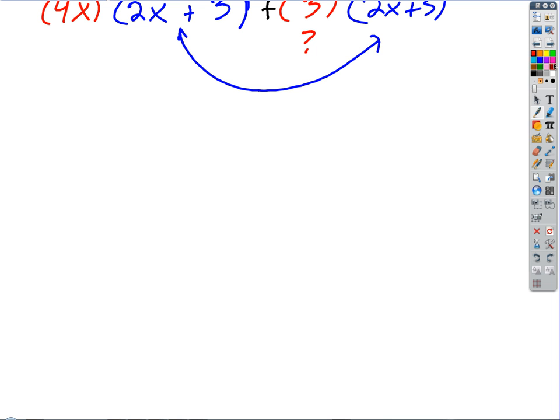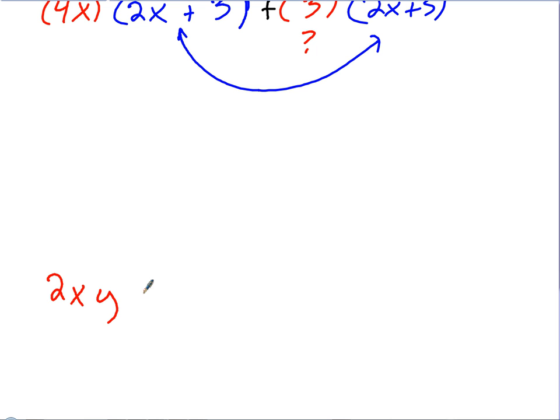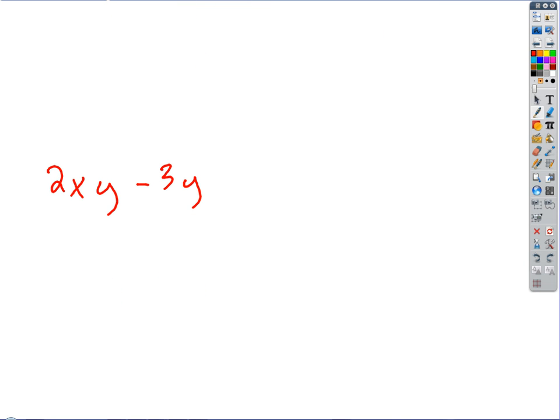What if I told you to factor 2 times x times y minus 3 times y? Can I factor out a greatest common factor for both terms? Yeah, why? I could factor out a y, couldn't I? I could pull a y out front, leaving me with, if I take that y away, 2x.